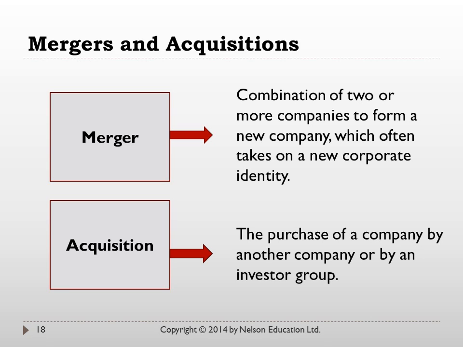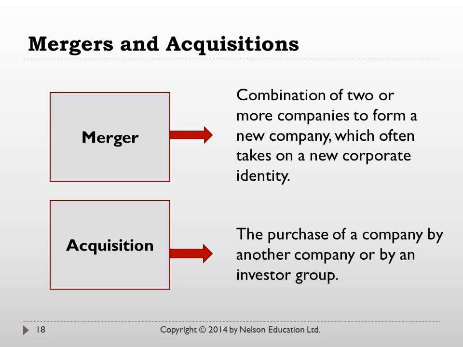Sometimes an acquisition is done friendly. There's a healthy negotiation between the purchasing company and the acquired company, and that's something we call a friendly takeover. So it's really being supported by the management and the board of directors of Company B, which is the company that's being acquired.